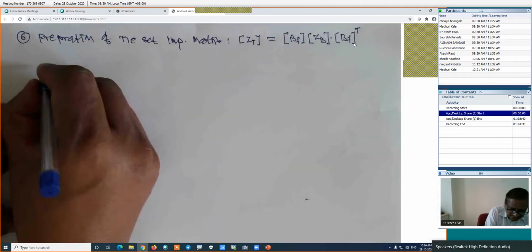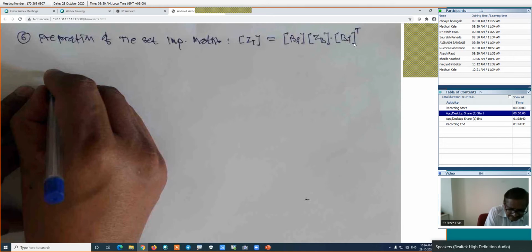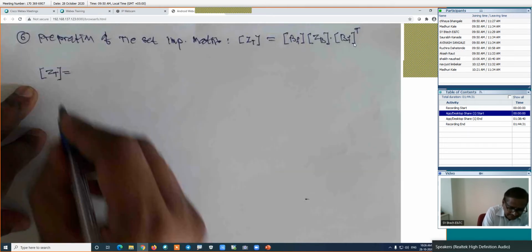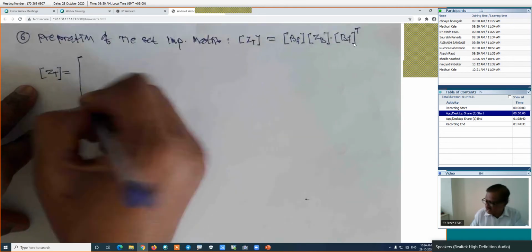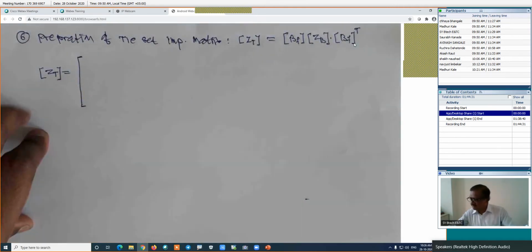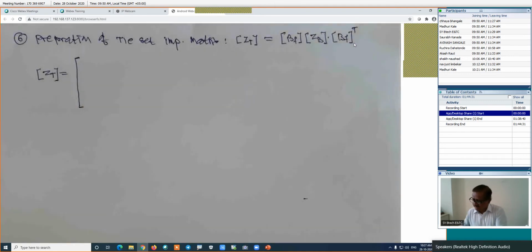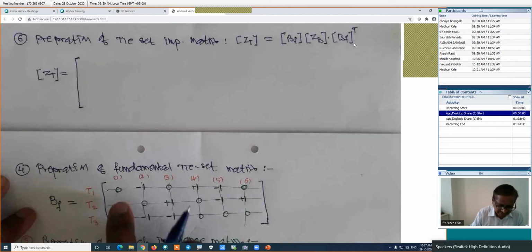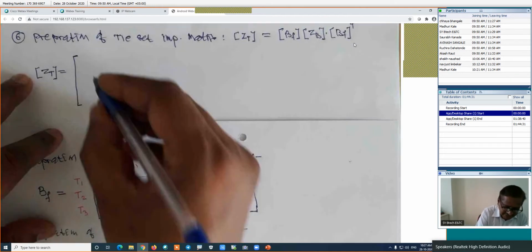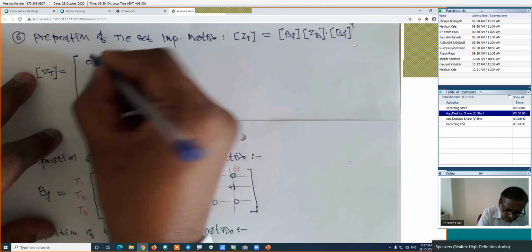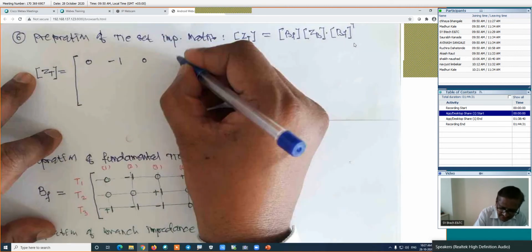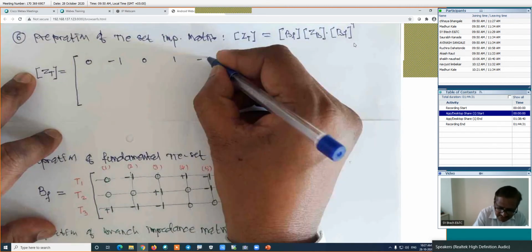Now I will try to find this ZT. I will copy the first matrix, which is the fundamental Triset matrix. How is the fundamental Triset matrix? Here it is 0, this is -1, this is 0, it is +1, this is -1, and this is 0.